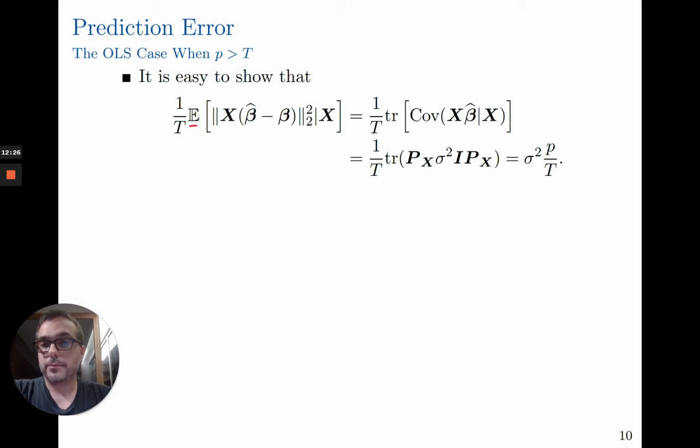Why is that? Because look at this. This looks like a variance term, right? Because we have a random variable here, x beta hat, that we know that the conditional expectation of x beta hat is x beta naught. Okay?